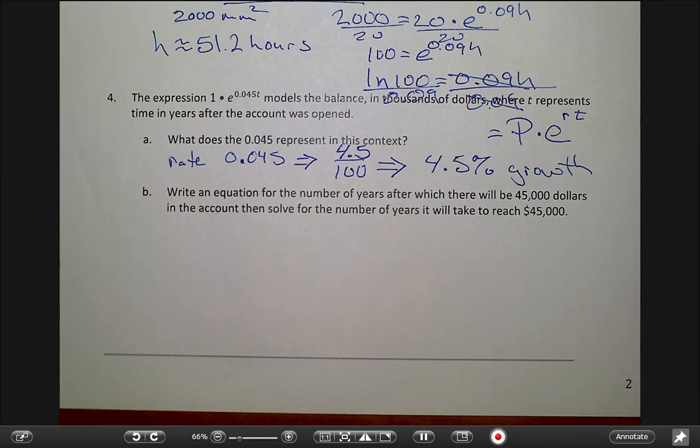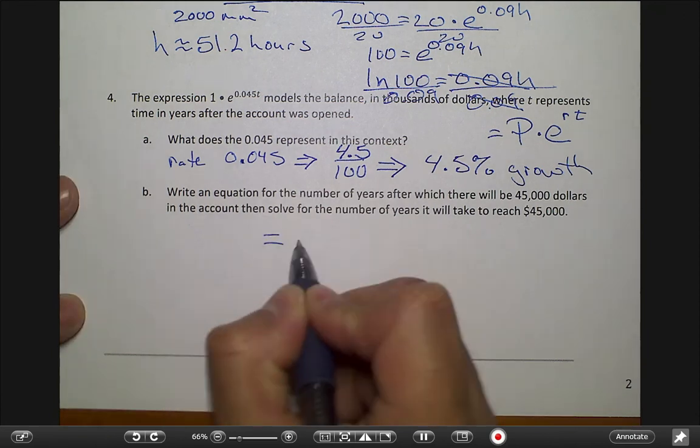All right, this next one right here says write an equation for the number of years it will take to be $45,000 in the account. Okay, I'm solving for t now, right? I'm solving for t, and so I want it to equal 45,000. So what am I going to write down first? Not 45,000.